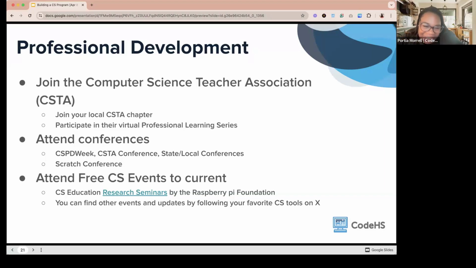Very cool. This last one, I just realized that I put on here. I don't know if many of you go on X, AKA Twitter, but there are a lot of CS resources on there. Out of all the social medias, I found X to be the most active when it comes to the CS education world.